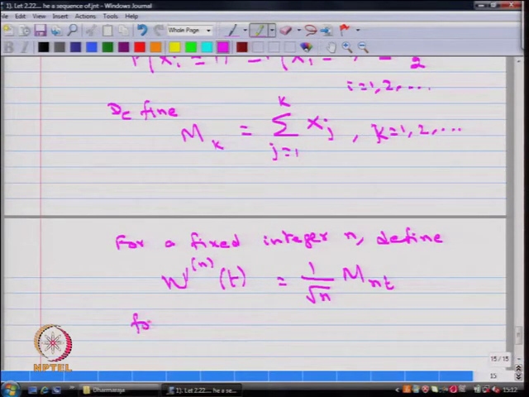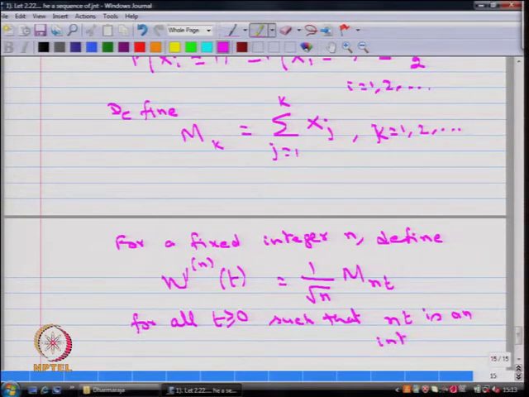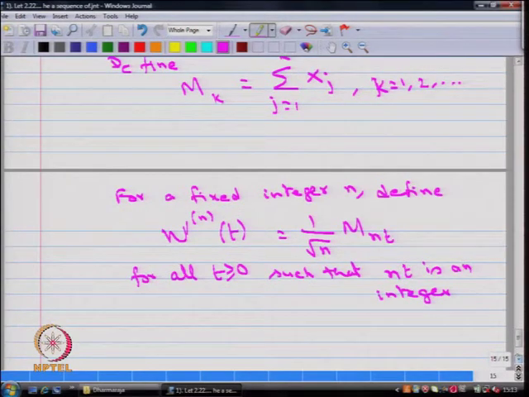This is for all t greater than or equal to 0, such that n times t is an integer. So, this is valid for all t greater than or equal to 0.